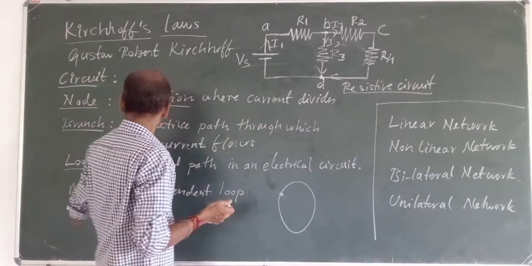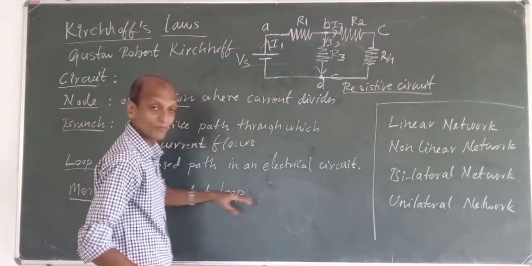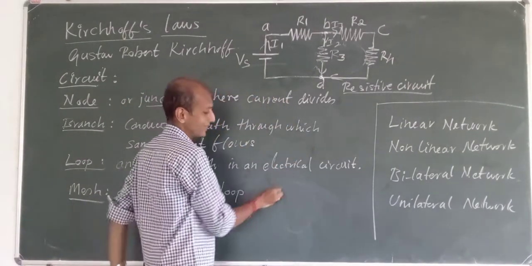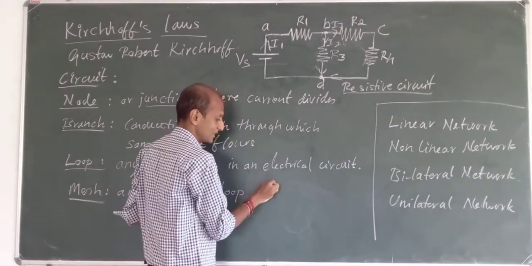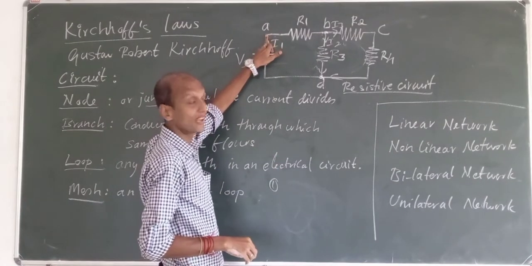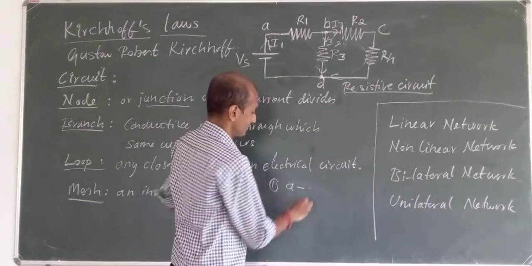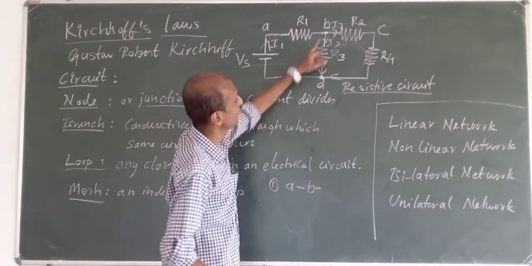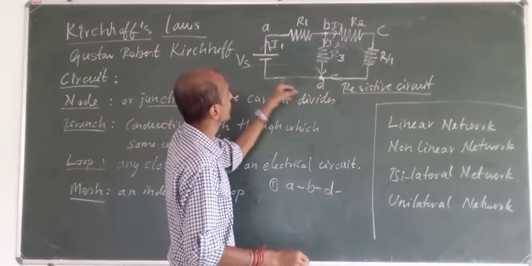I can write some examples of loops here. How many loops can I have? Let me see. The first loop I can make is starting from A and going to B. From B I can come to D. From D I can go back to A.